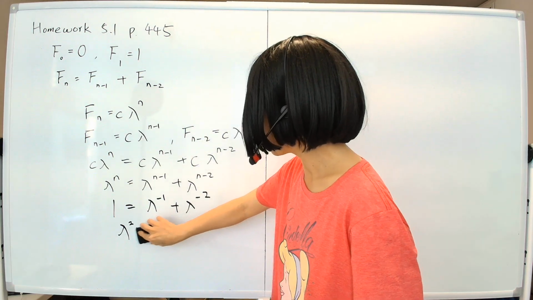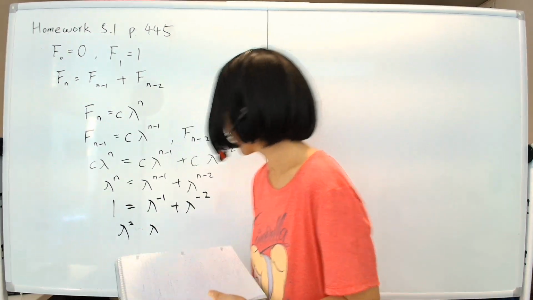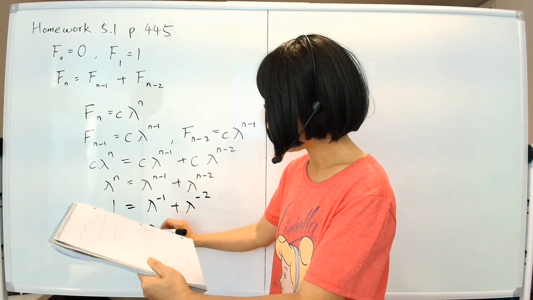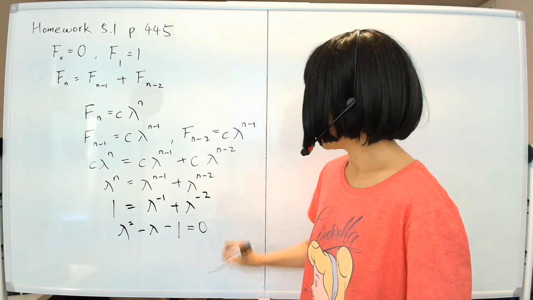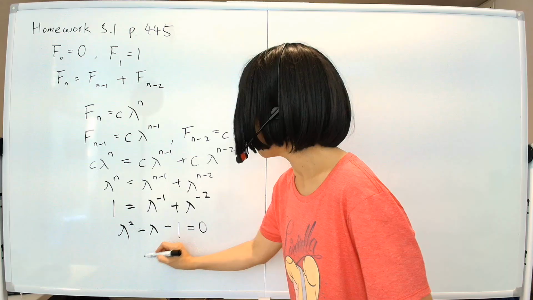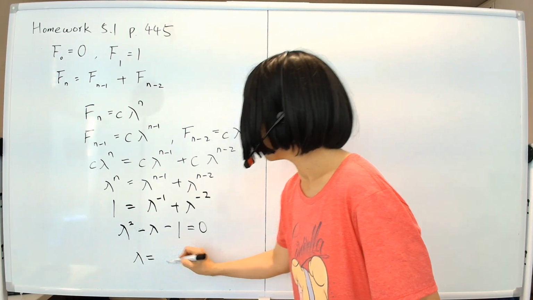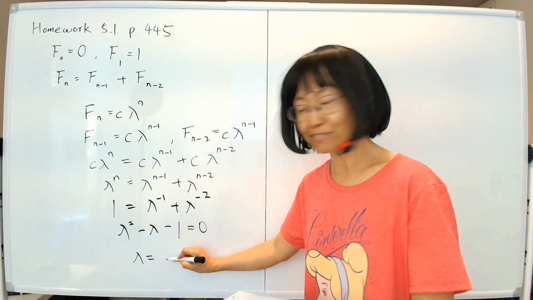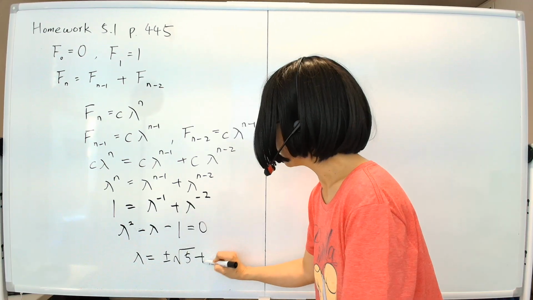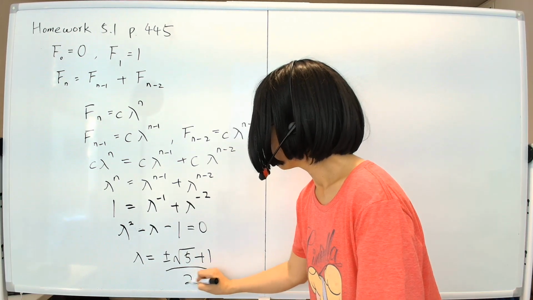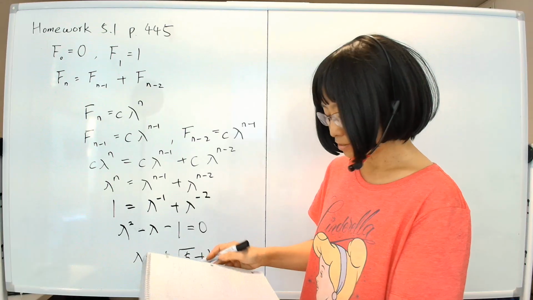It's lambda squared minus lambda minus 1 equals 0, is what I got. And then eventually you get the answer, using the good old quadratic formula, lambda equals plus or minus square root of 5 plus 1, over 2. All right, so we got the value of lambda.